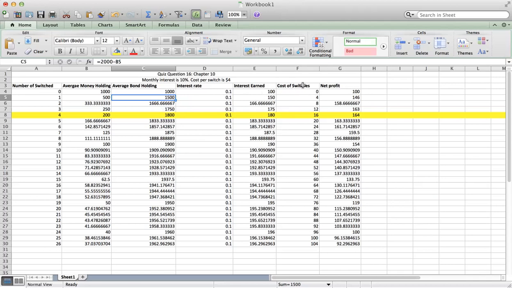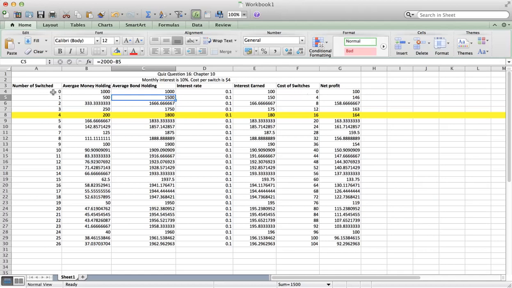So now to calculate profit, you need to know how much it costs you to buy bonds. And remember, if you are involved in the stock market, when you buy and sell stocks and bonds, you have to pay money for these transactions. So it's not free. So now we assume that the cost to switch is $4.